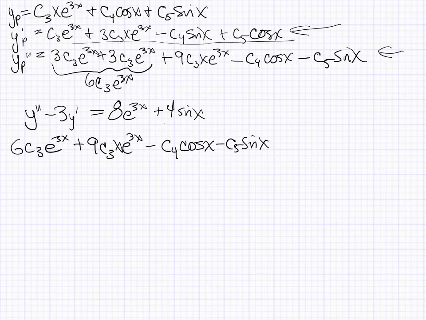If I multiply minus 3 times this, it would be minus 3c3 e to the 3x, I'll stack it with that one. The next one would be minus 9c3 x e to the 3x. The next one would be positive 3c4 sine x.